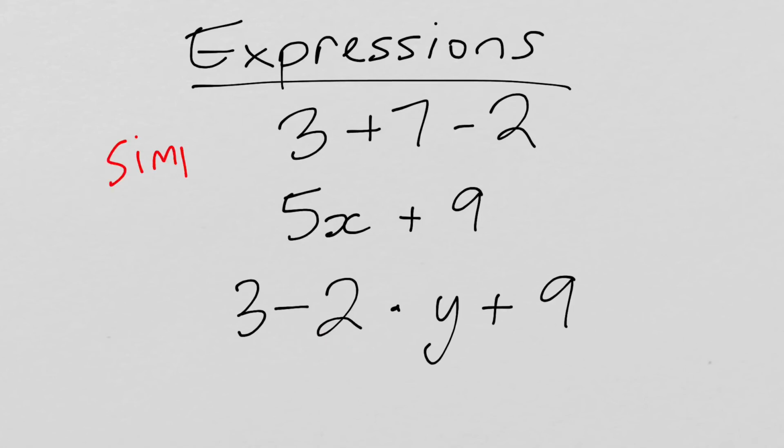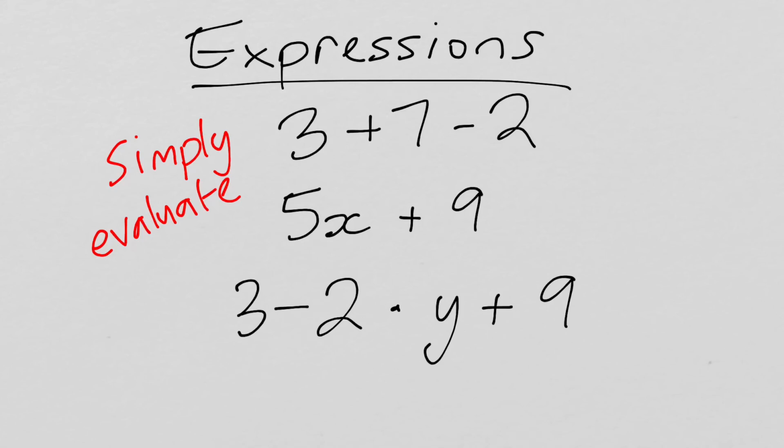So these are the words you usually see: simplify or evaluate expressions. So yes, I could simplify this first one all the way down: 3 plus 7 is 10, minus 2 is 8. I could simplify it down to the number 8, right? But we don't consider it solved, we just simplify it.